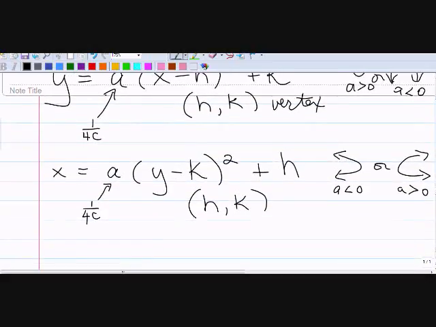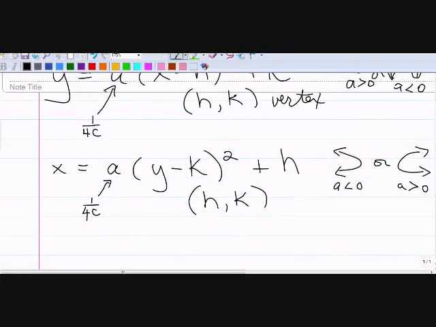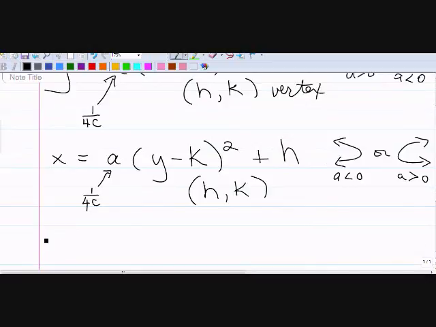So let's start off with trying to graph something kind of easy. We'll do a real easy one to start off with. y equals 1/12 x squared.